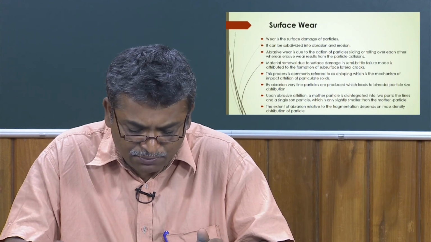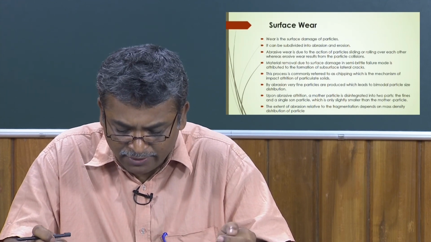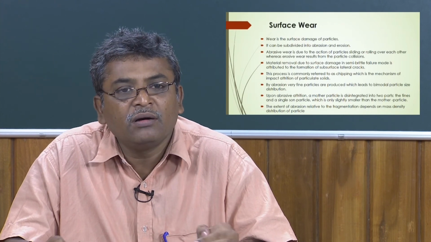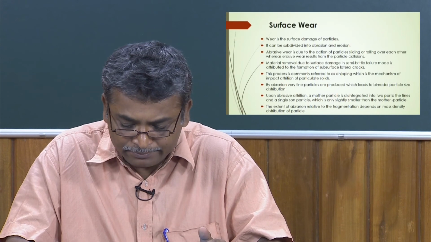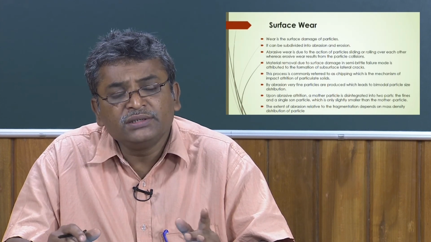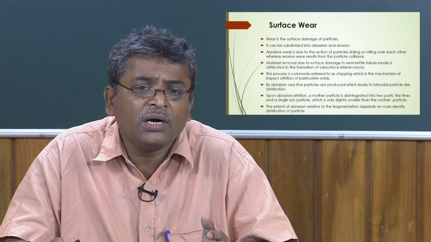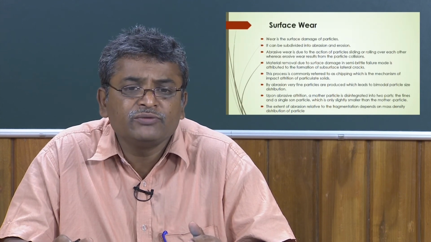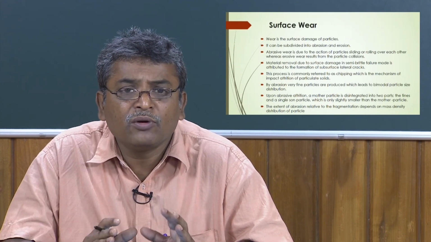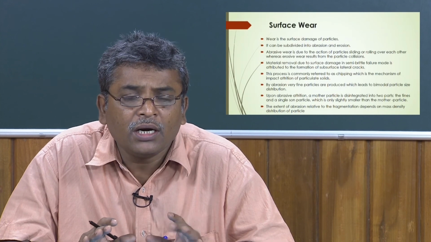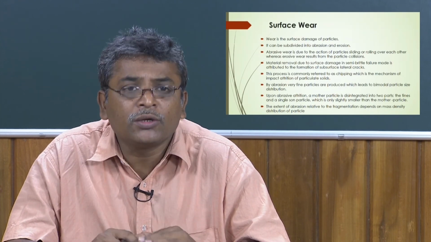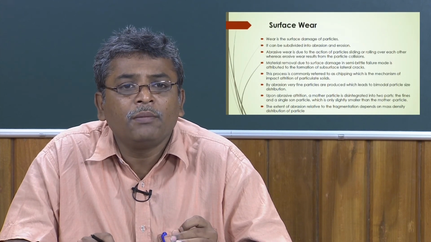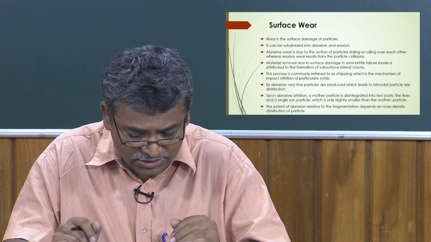This process is sometimes referred to as chipping of the material. In general, with this surface wear mechanism, whenever smaller fine particles are formed, the distribution of those daughter particles will be bimodal in size.